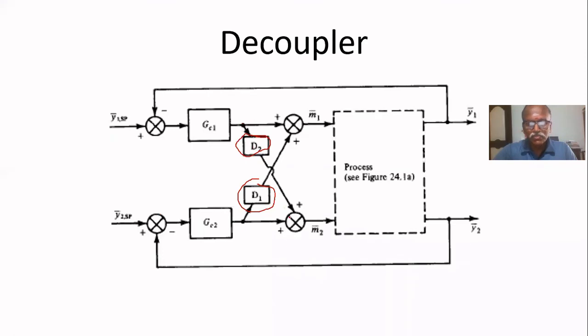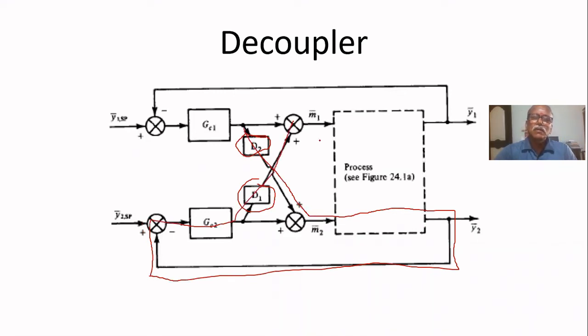It comes this way and goes this way, and we should not travel once again in the same path, so it is not forming a loop. Here, only one forward path and the feedback path.